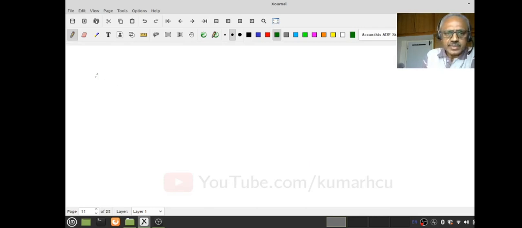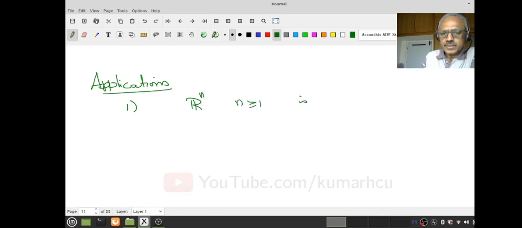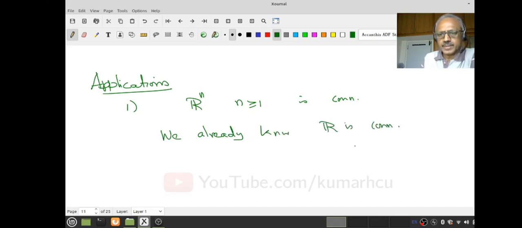Okay, now let's look at applications. See, R^n for any n greater than or equal to 1 is connected. Why? Because we already know R is connected.